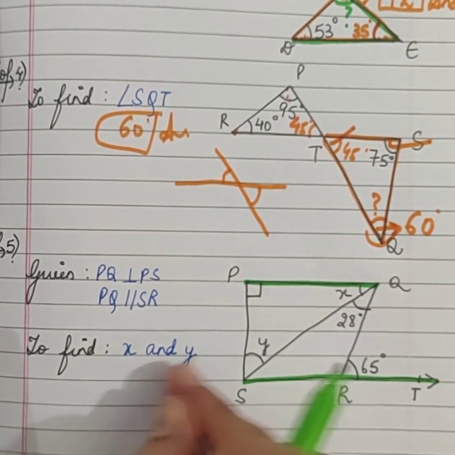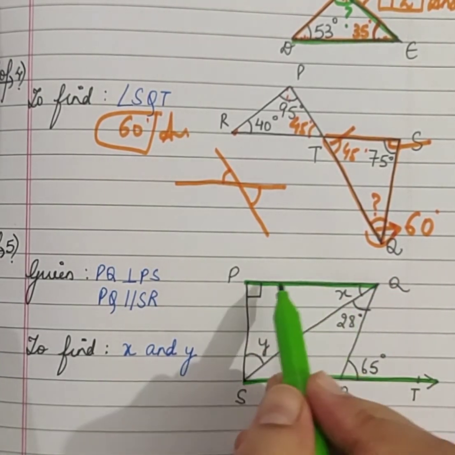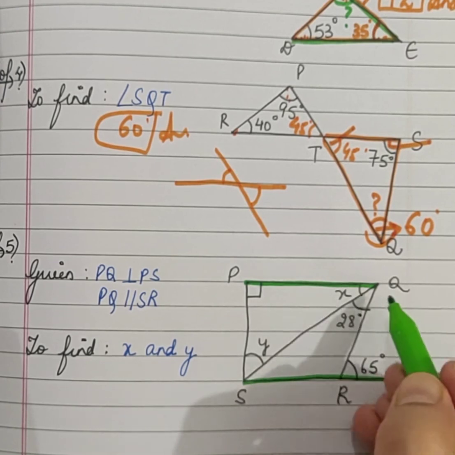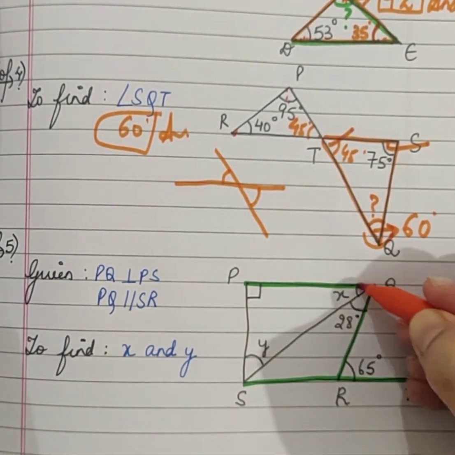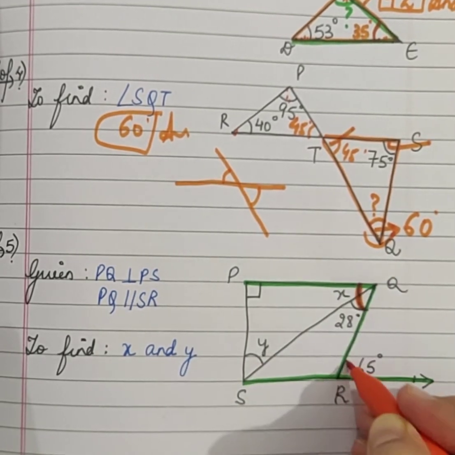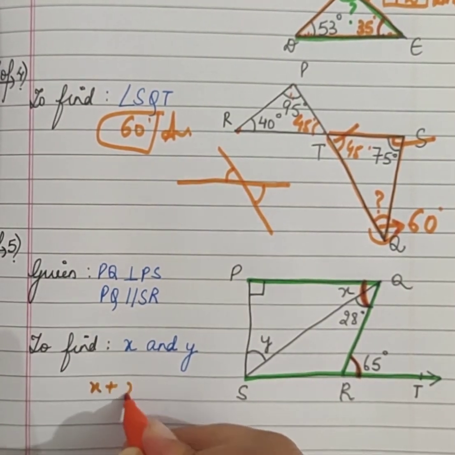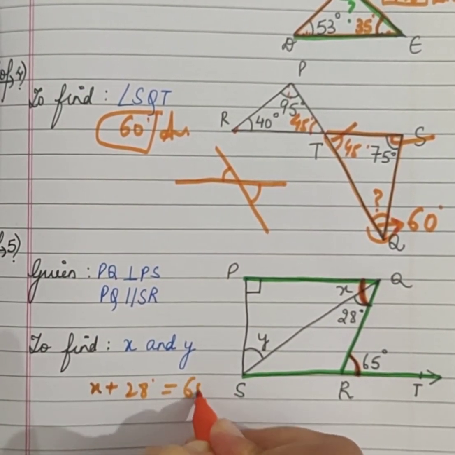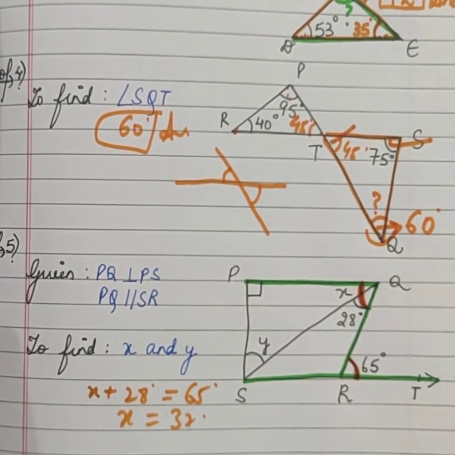We are supposed to find the value of x and y. Now see, these two lines are parallel and this is a transversal. So we can say this angle is equal to this angle, alternate interior angles. So we can say x plus 28 degrees is equal to 65 degrees. So from here x will turn out to be 37 degrees.